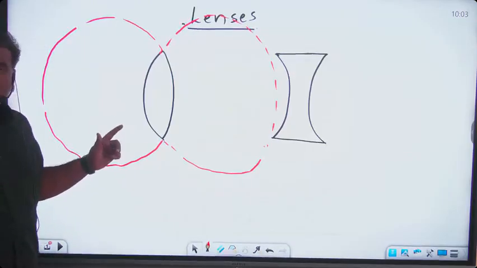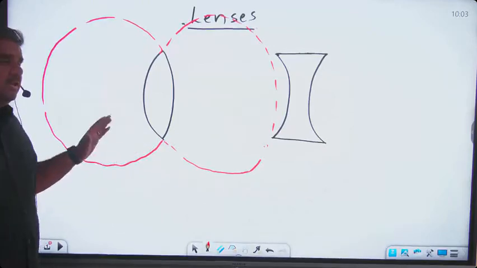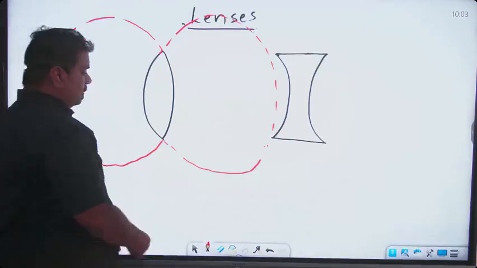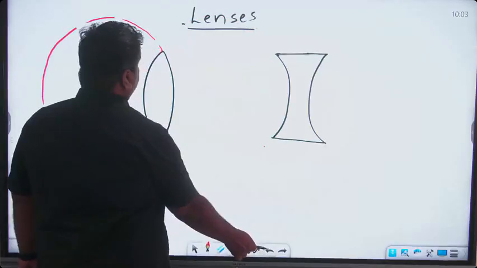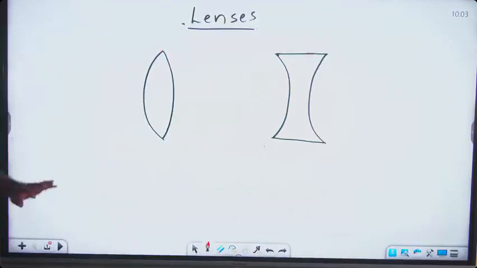In the case of a concave mirror, we have only one mirror there, but in this case we have two spherical mirrors. From these two spherical things we make out the convex lens, and the same is the case for the concave lens.